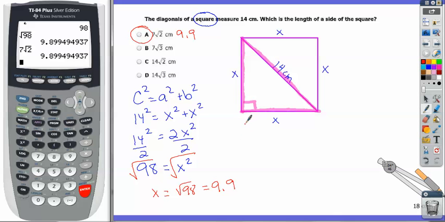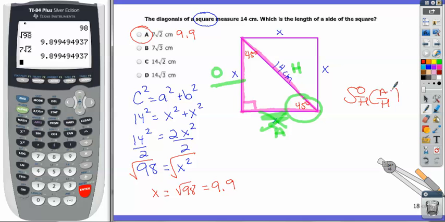Now, is there any other way I could solve this problem? Because there's no just one way to solve a problem. There's probably a few. Since these sides are equal, I also know that these are 45 degrees. So I could, if I wanted to, pick an angle and label my opposite, adjacent, and hypotenuse. Now, I'm going to solve for this x, so I don't need this one. So I crossed out my a.